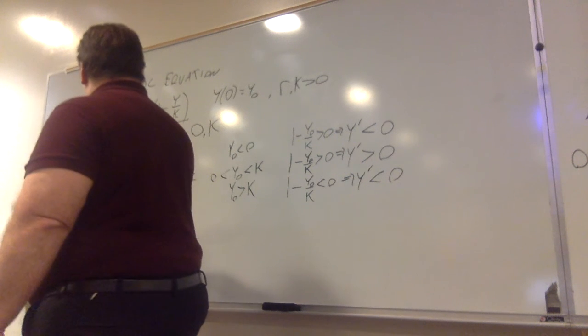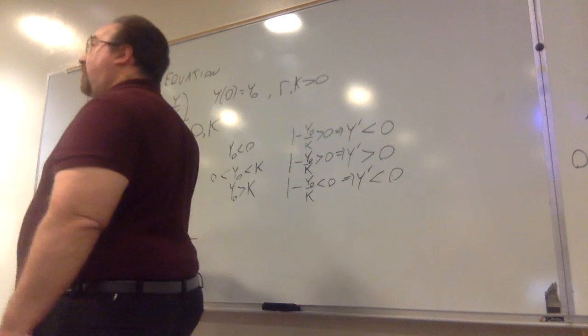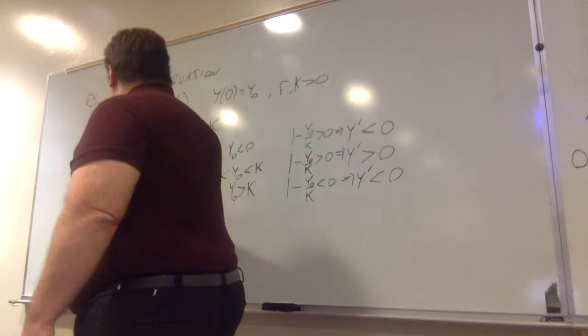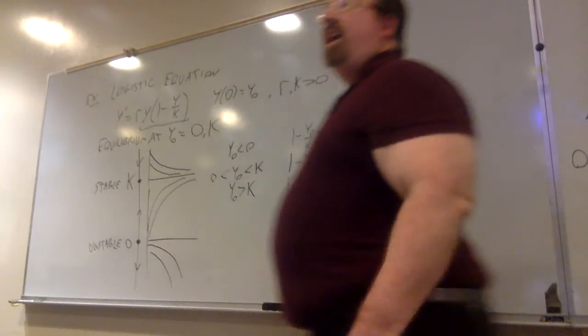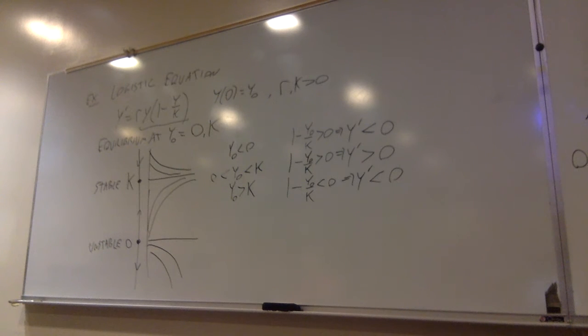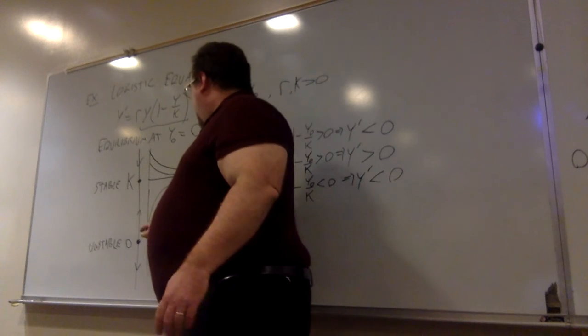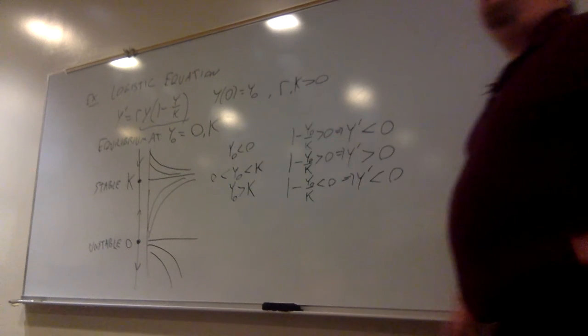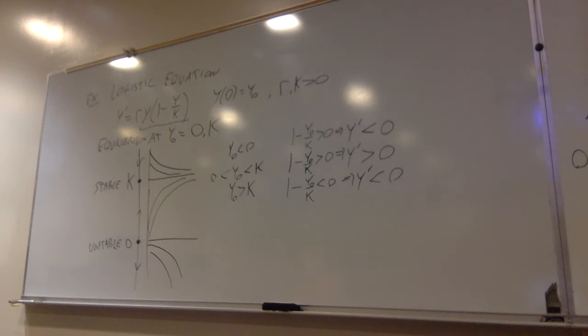So even if I start something way down here as close to 0, it will not go towards y equals 0. It will go up towards y equals k. So that equilibrium line y equals k is like pulling solutions toward it like a tractor beam. So no matter how close you are to 0, it'll go up here. So that's what it means to be an unstable fixed point or equilibrium solution.